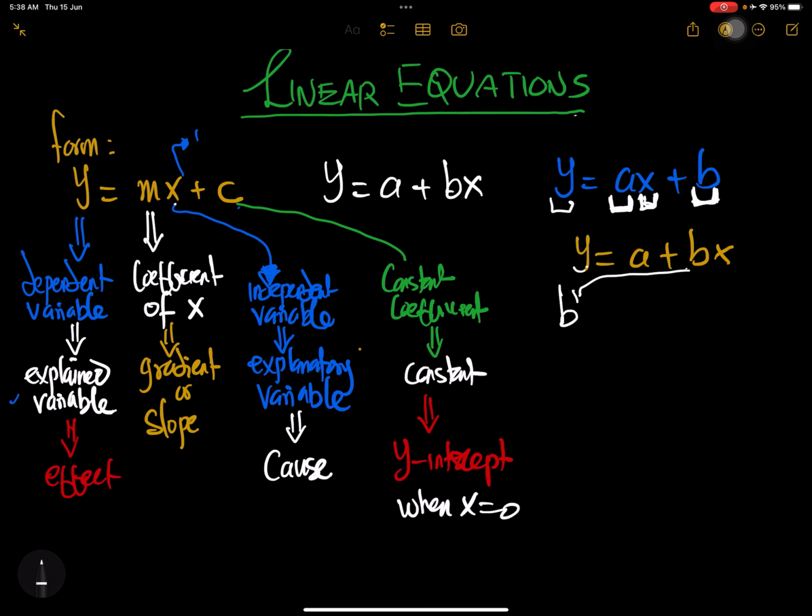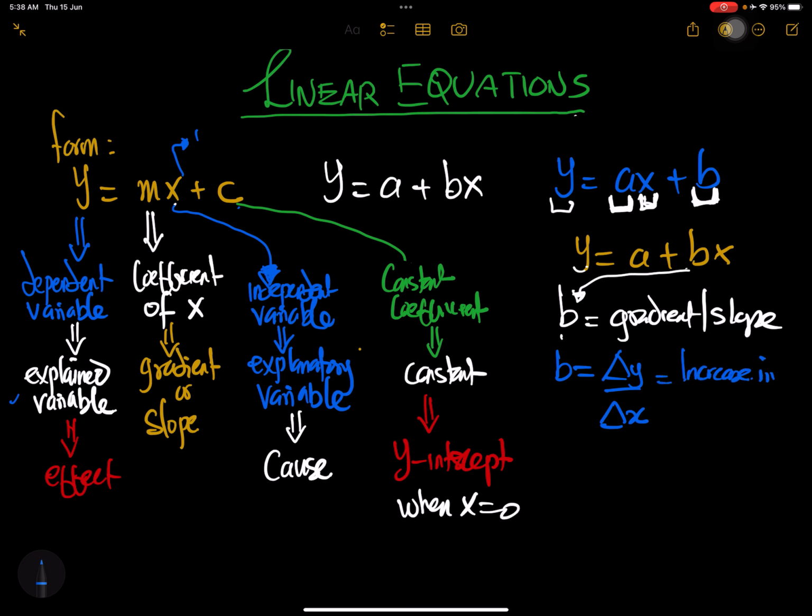So b, which is our gradient, or our slope, is usually a change in y over a change in x, or an increase in y divided by an increase in x. And we can rewrite this as y2 minus y1 divided by x2 minus x1.